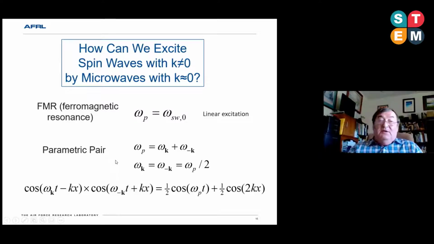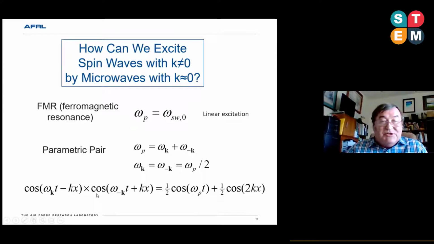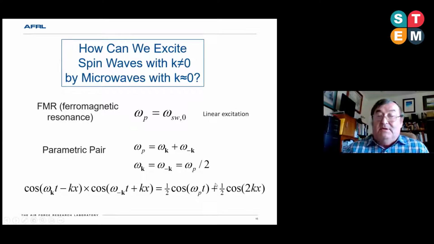But if we apply frequencies above the spectrum of spin waves, then we can excite so-called parametric pairs, waves which move with half the frequency, but in opposite directions. The product of two waves moving in opposite directions gives you uniform motion of the media. It's not a standing wave, it's a parametric pair in the media.